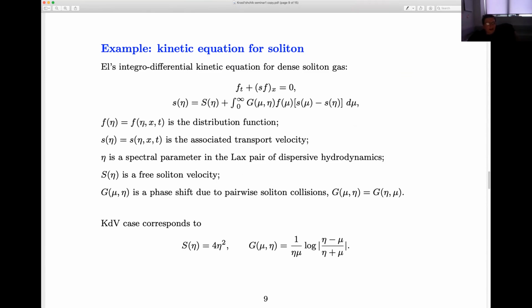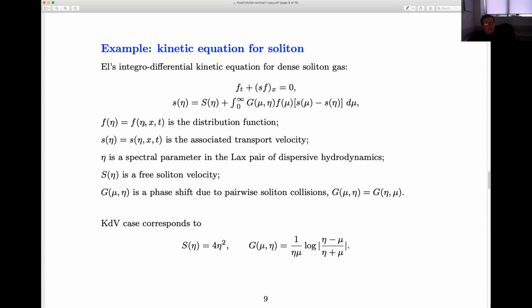Let's have in mind the KdV equation. Then each soliton is a function of x, t and the discrete spectral parameter eta. Each one-soliton solution is described by these three quantities. It's a function of x, t and the parameter. You can call it velocity, you can call it spectral parameter.